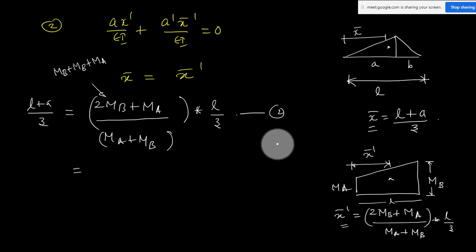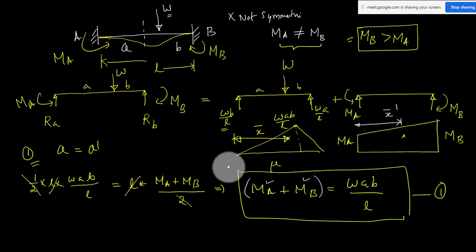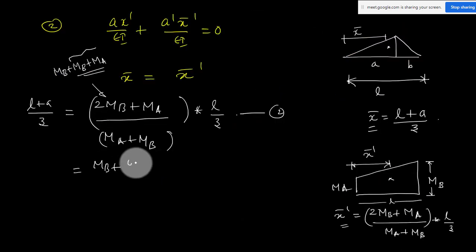I am explaining the solution technically. This I can write as MB plus MB plus MA, so I will write 1 MB, and this part I will keep as WAB by L, MA plus MB.